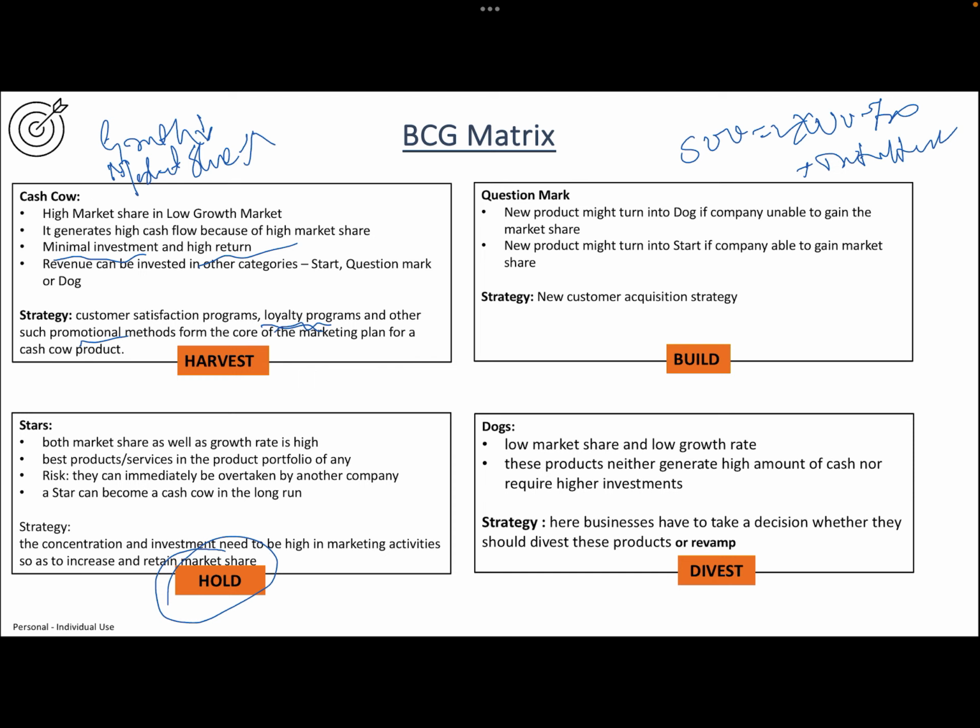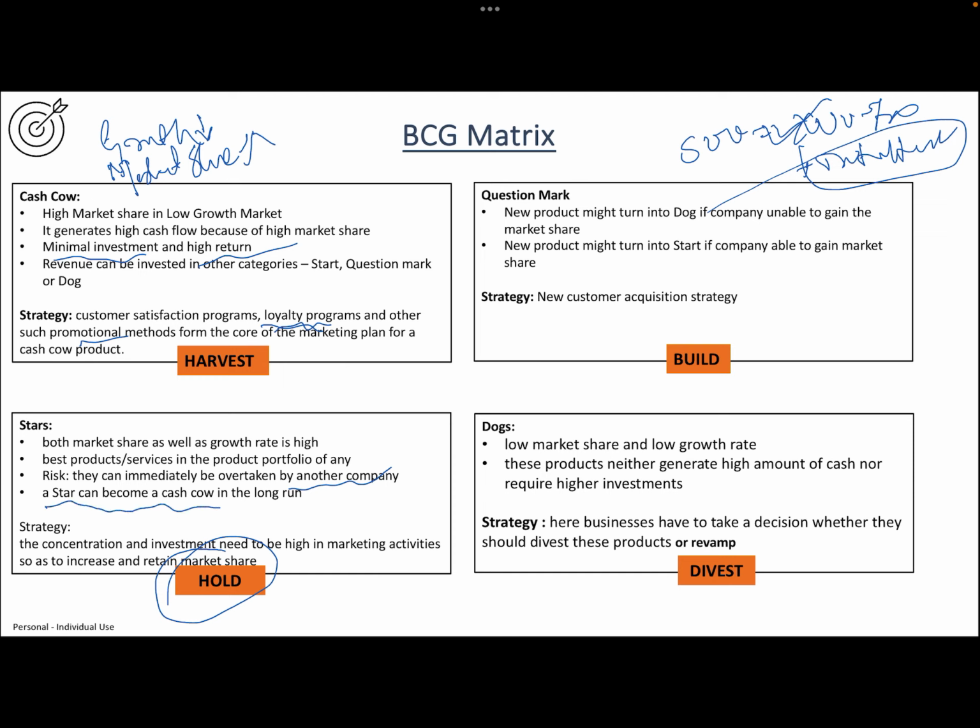These two products are star performers and the market is also growing. So in this case, what is the risk? Because your product is good and the market is growing, a lot of competitors come in and they may take up the market share.